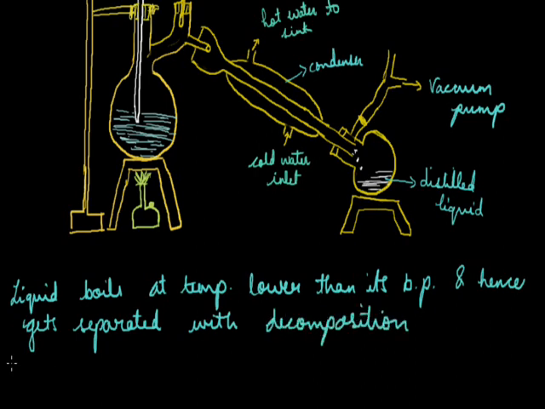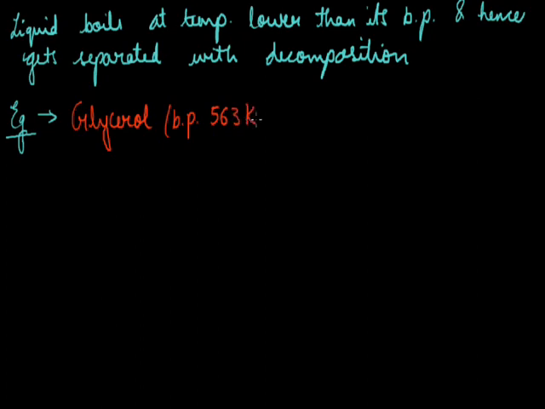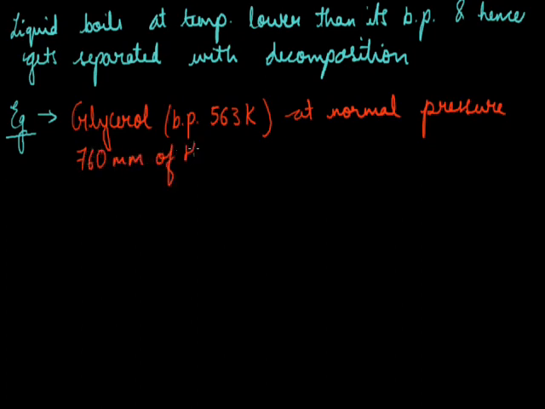Now we will see some examples which will make the picture more clear. Some examples like glycerol can be purified and can be distilled under 12 mm Hg of pressure at 453 Kelvin. Although it has a boiling point of 563 Kelvin at normal pressure, or you can say at atmospheric pressure, that is 760 mm of Hg.